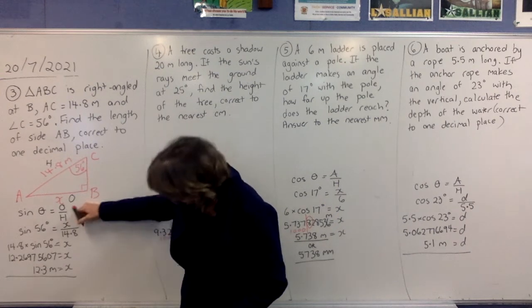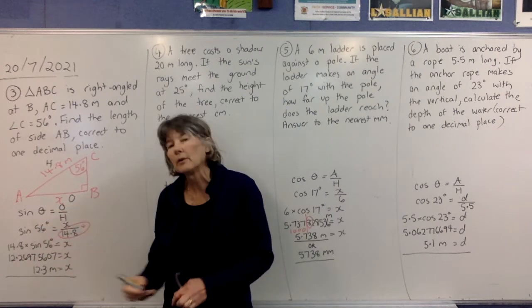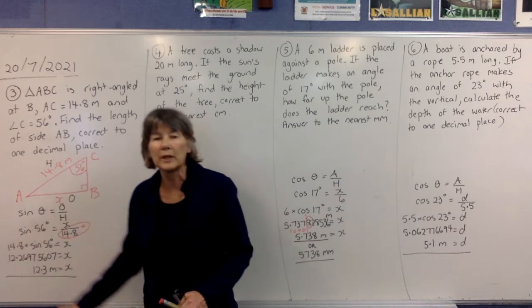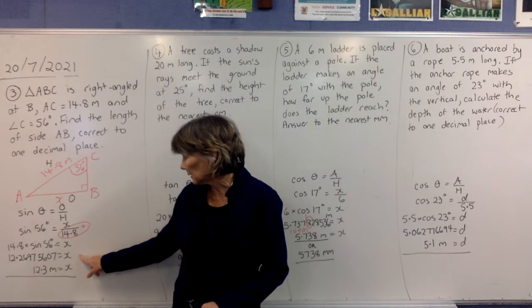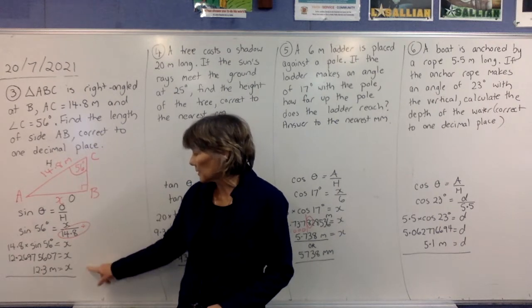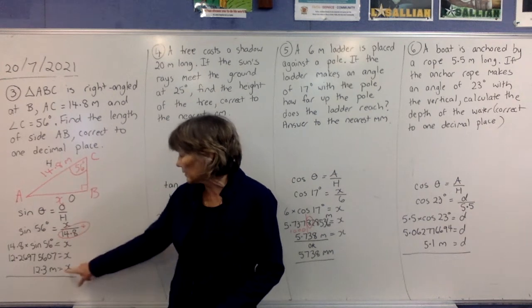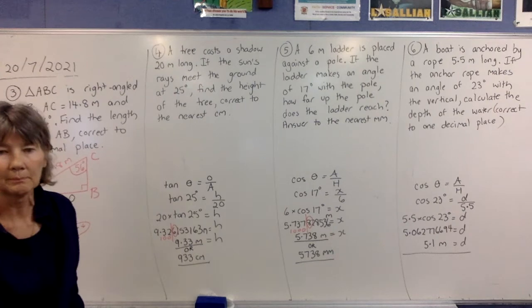Then remember we're getting rid of 14.8. So instead of dividing by 14.8, you'll come to the other side and times by 14.8. Put it in your calculator, and they want 1 decimal place. So make sure you round off to the 1 decimal place and put M for metres on the end of your side length.